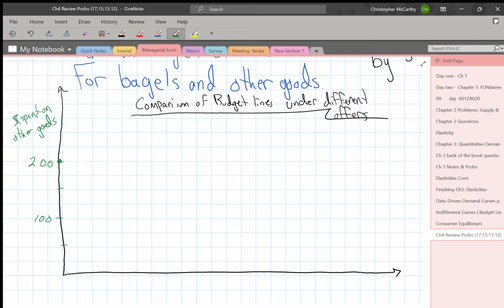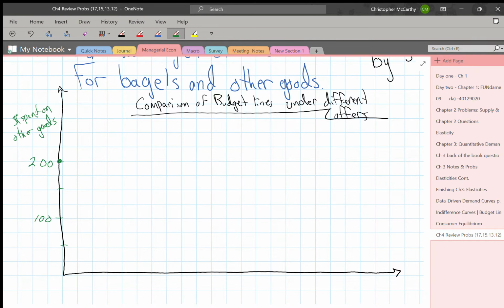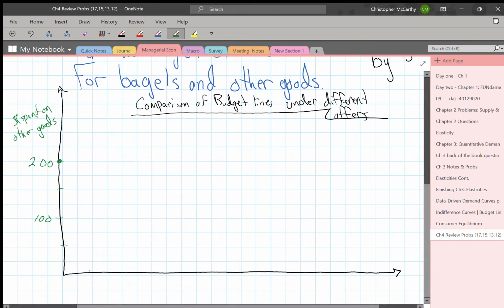It'd be 200 divided by 6, which is some number, 33.333. If we have these be 5, that means 33.33 is going to be right there.